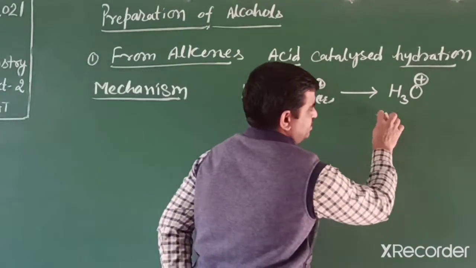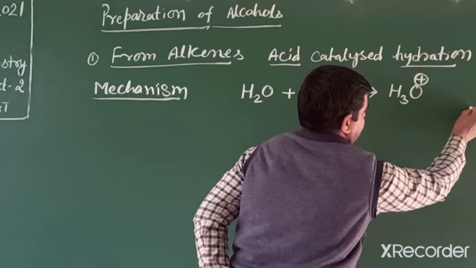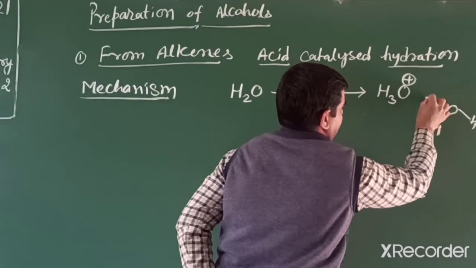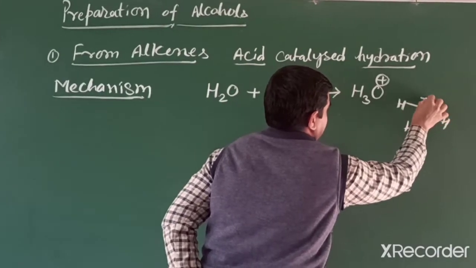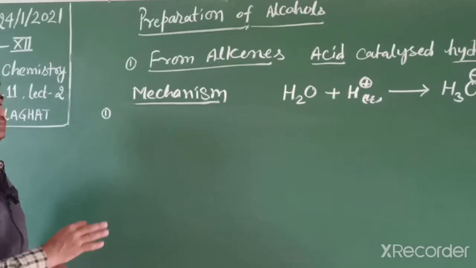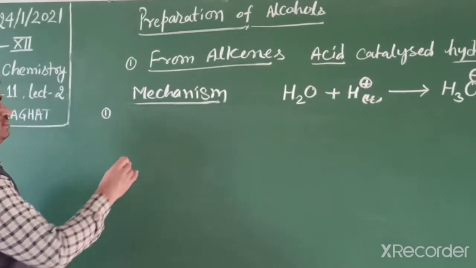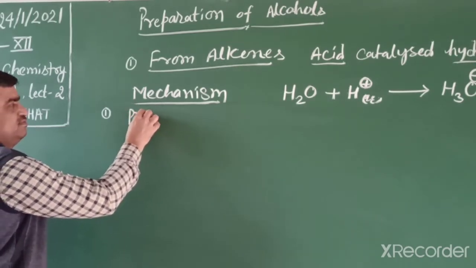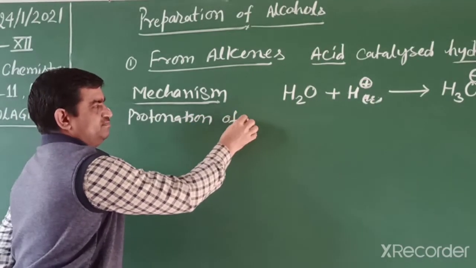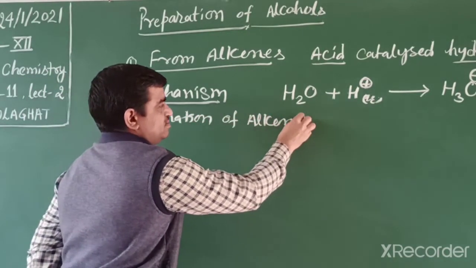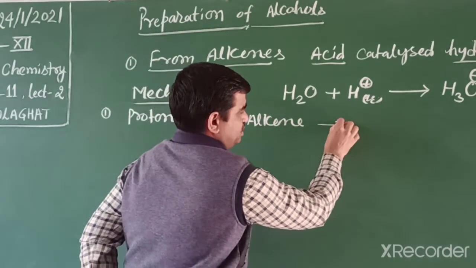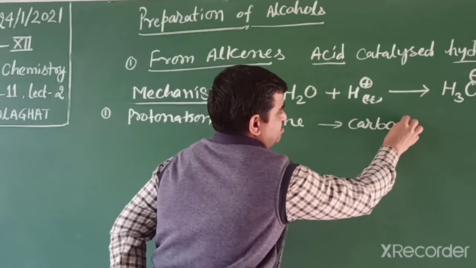We know the water structure has 2 lone pairs, so H attacks at this place; this is the structure. The first step in the mechanism is protonation of alkene, and after protonation of alkene, it produces a carbocation.